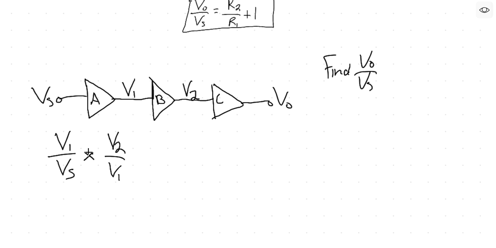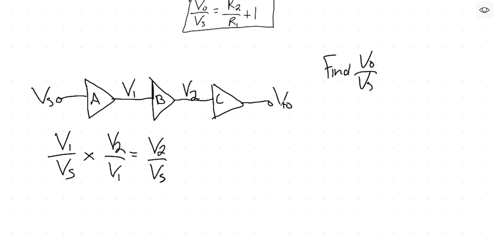And so when you multiply these together, V1 goes away, right? You have V1 on the top over here and V1 on the bottom. And so that gives you V2 over Vs. Well, that's good because we need Vs to survive the whole cascade because it's in the final product that we want. So we have V2 over Vs by the time we get past stage B.